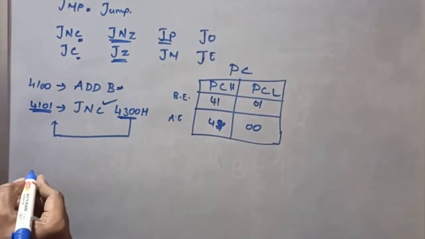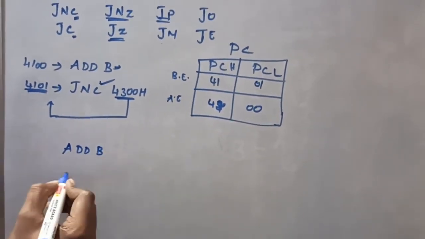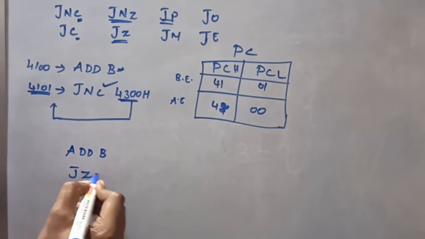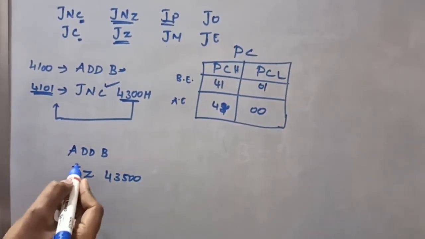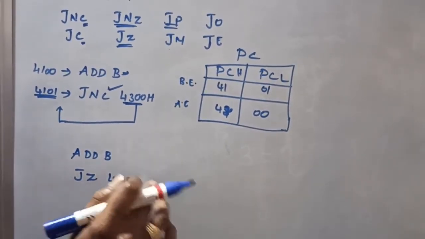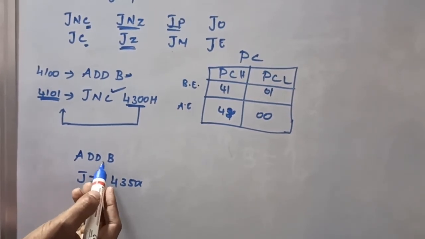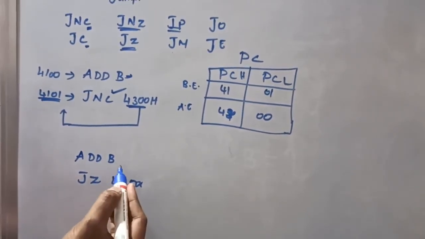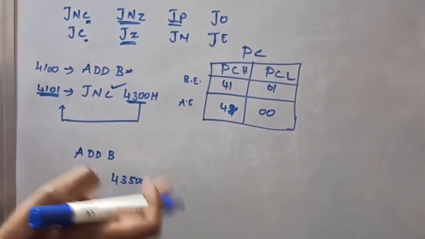One more example: ADD B, JZ 4350. Here also you are adding the two register contents A and B. After execution, the result in the accumulator is zero or non-zero.